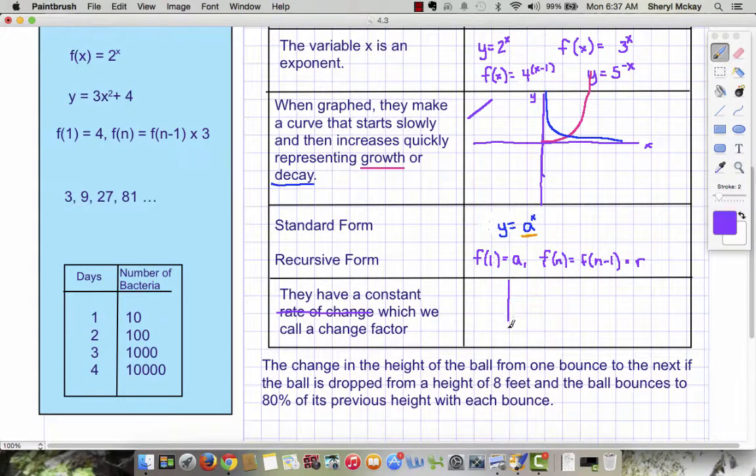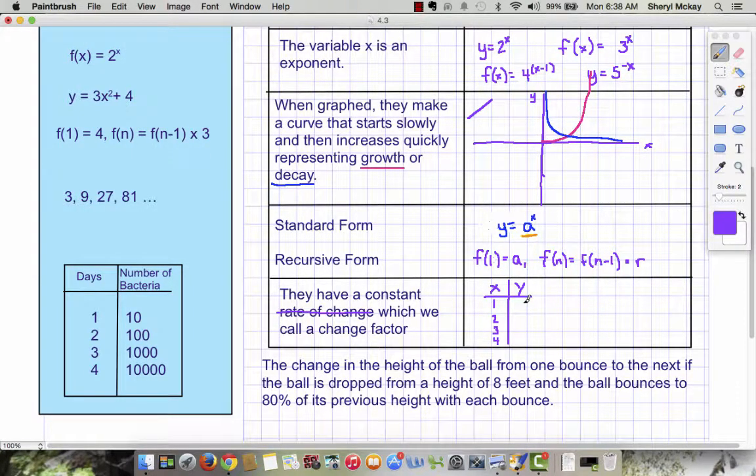Let's imagine that I have a table. We'll say x and y. And this is that constant, that equal factors over equal intervals. So let's say we'll just have our equal intervals be 1, 2, 3, 4. So x is increasing by 1, all right?